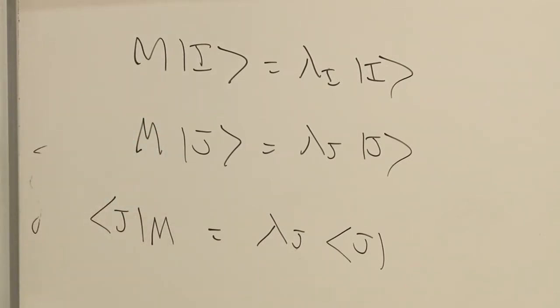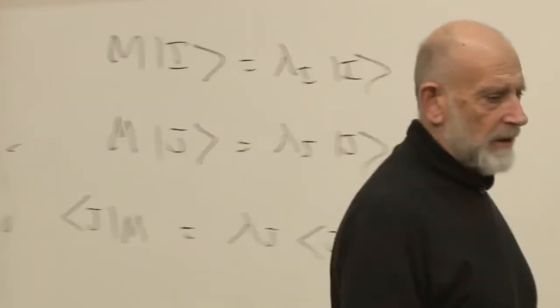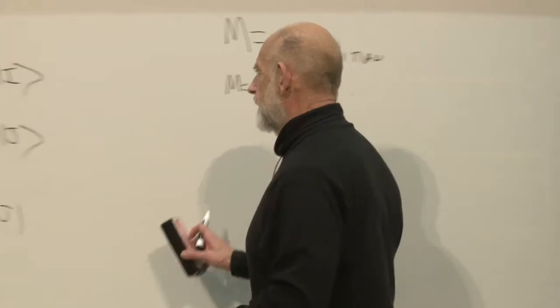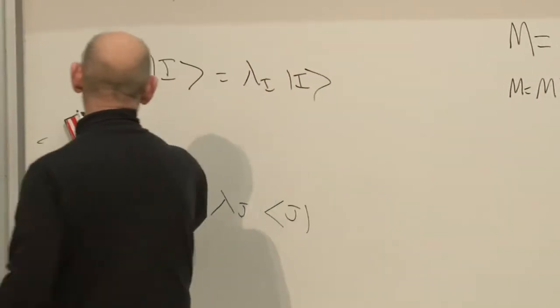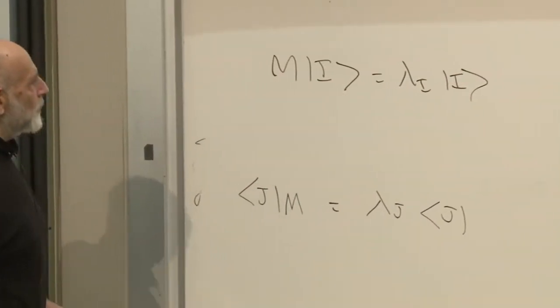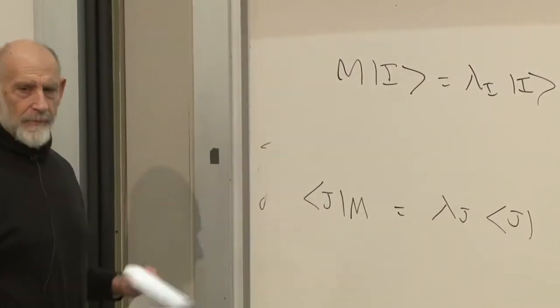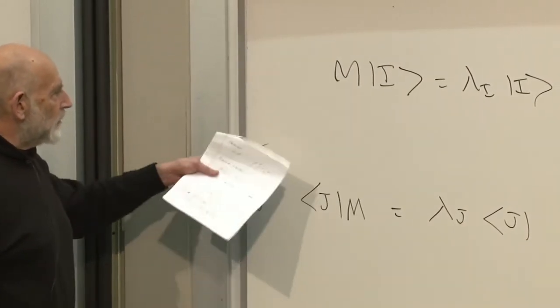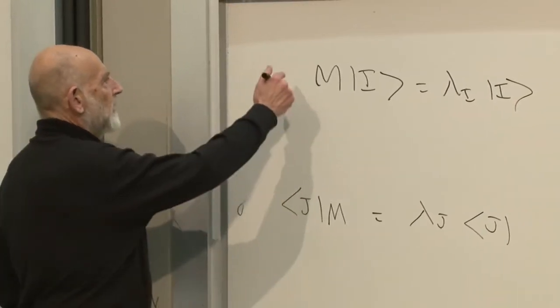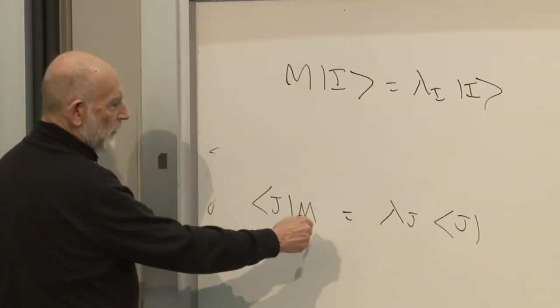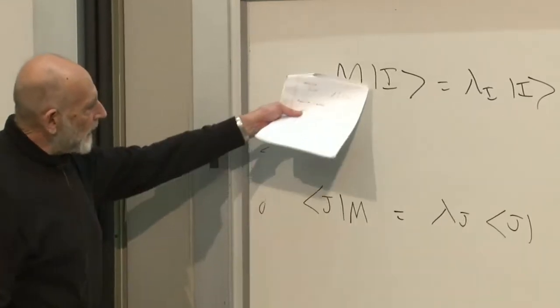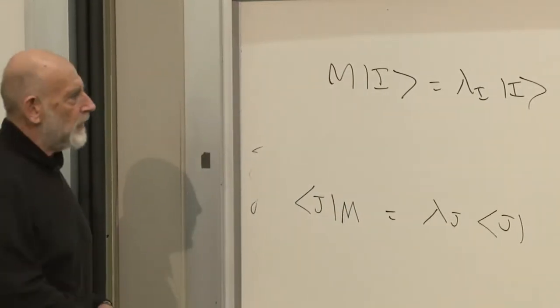Now we have two equations. What can we do with them so that we can relate them? What we can do is multiply this one by J on the left and this one by I on the right. And we will get the same expression on the left-hand side of the equation.